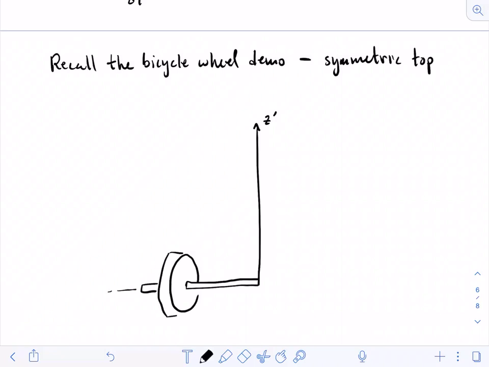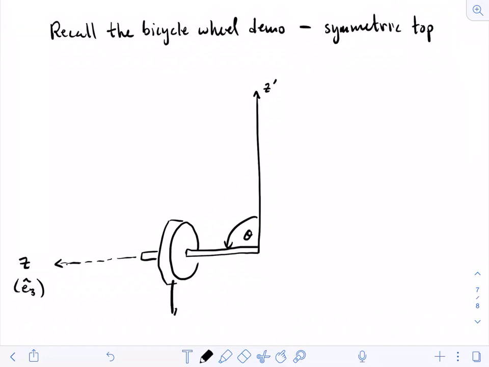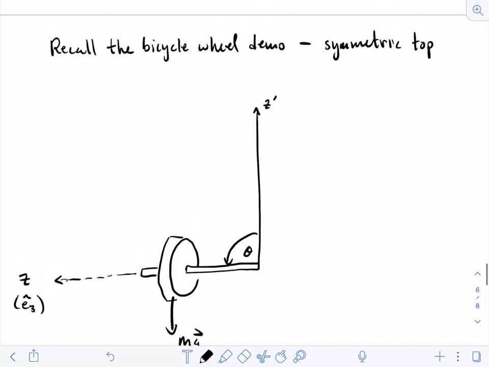This is our symmetry axis, which is the z-axis or the E3 hat direction. And the angle theta is the angle between these two z-axes in the rotating frame and the fixed frame. Then we have a gravitational force acting on the center of mass of our bike wheel.